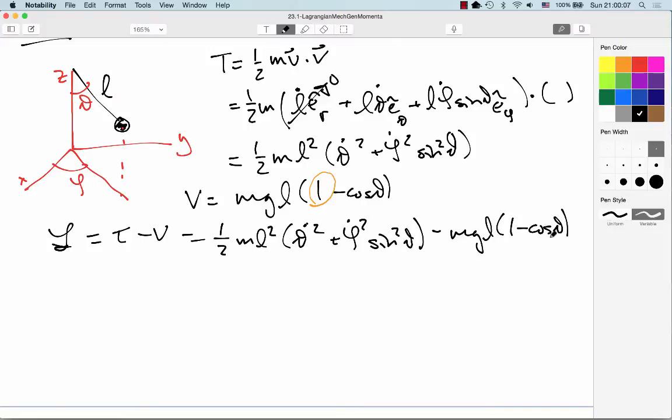All right, so the first thing that we can pull out of this is whenever you write a Lagrangian, you should just get in the habit of asking yourself, any ignorable coordinates? If there are, it makes your life go easier. So just ask yourself here, are there any ignorable coordinates? Yeah, phi is ignorable.